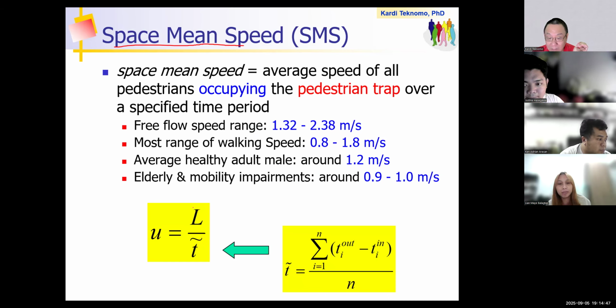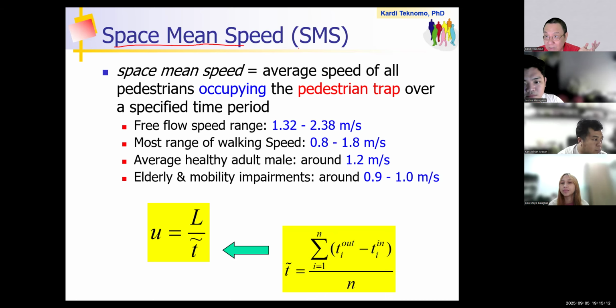So in this case, space mean speed depends on the length, divided by the average of the time. Look at this. The time depends on when they go in and when they go out of that trap.